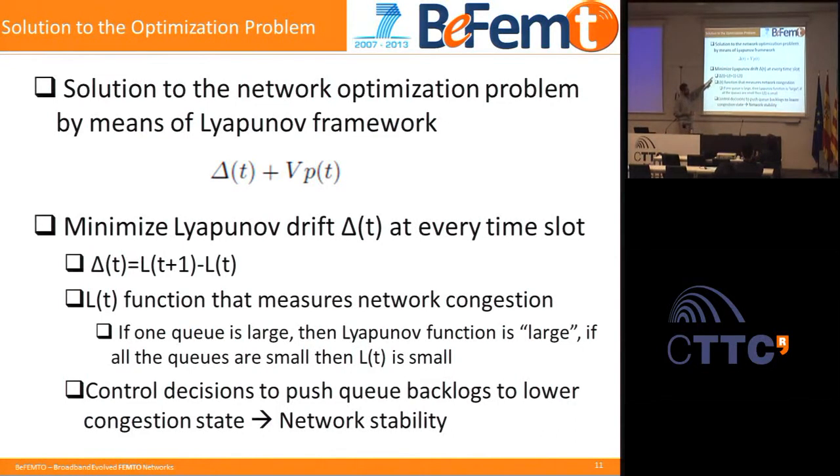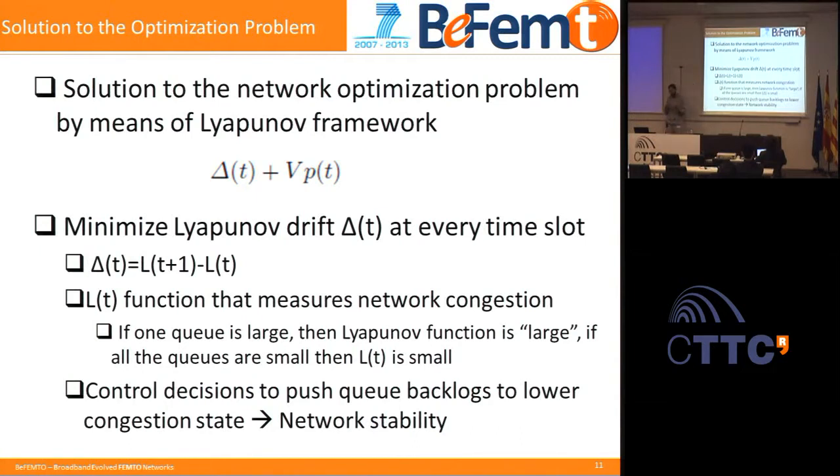In simplified form, it's just to illustrate. What this represents is the difference between the congestion states, the Q sizes globally in the network. You have one certain congestion state in time slot t, and a different one in the next time slot. And this is the definition.